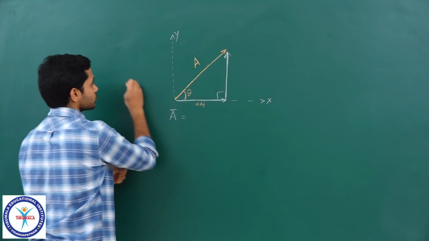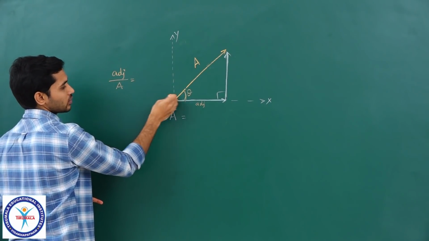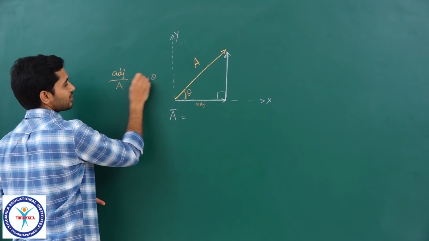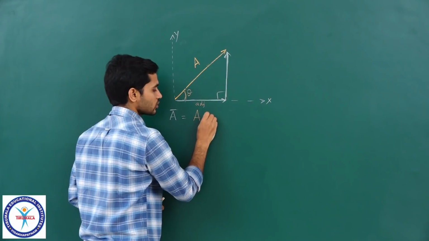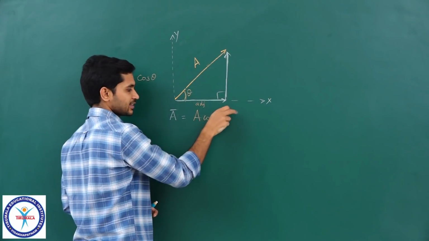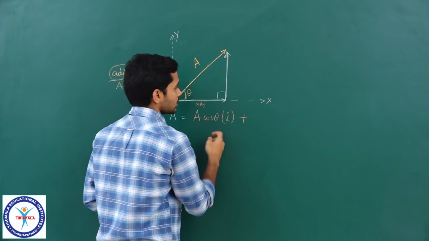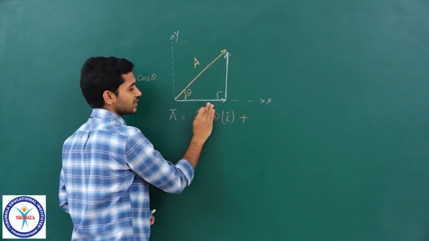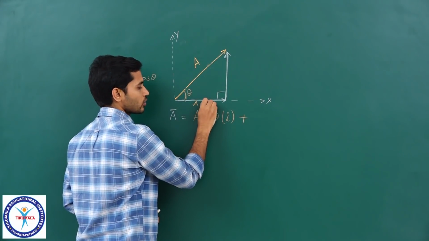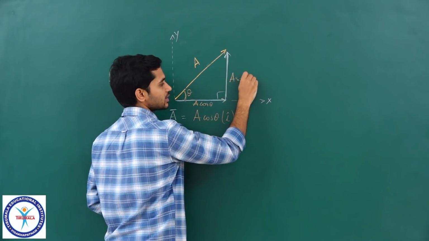Adjacent by hypotenuse, so adjacent by A is equal to cos theta. So, what is the value of adjacent? A cos theta, right. So, A cos theta, and obviously this is in the I cap direction, right, plus, now what is this length? In the same manner, using a similar method, can I say this length will be A sin theta?